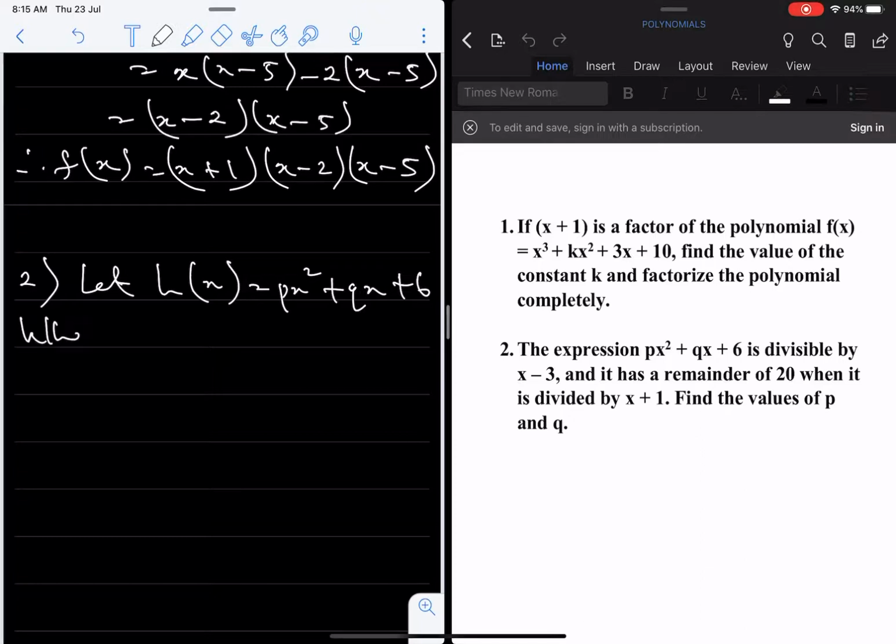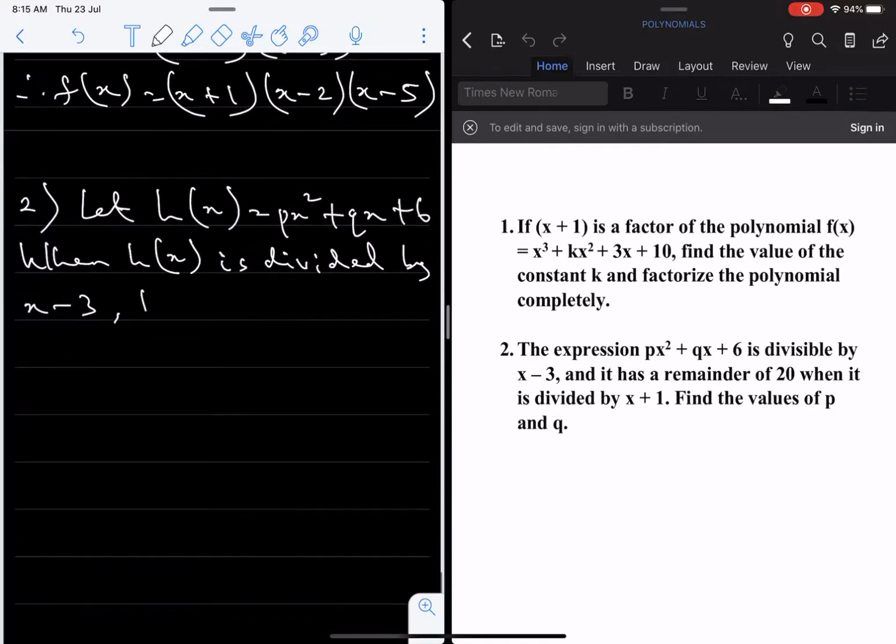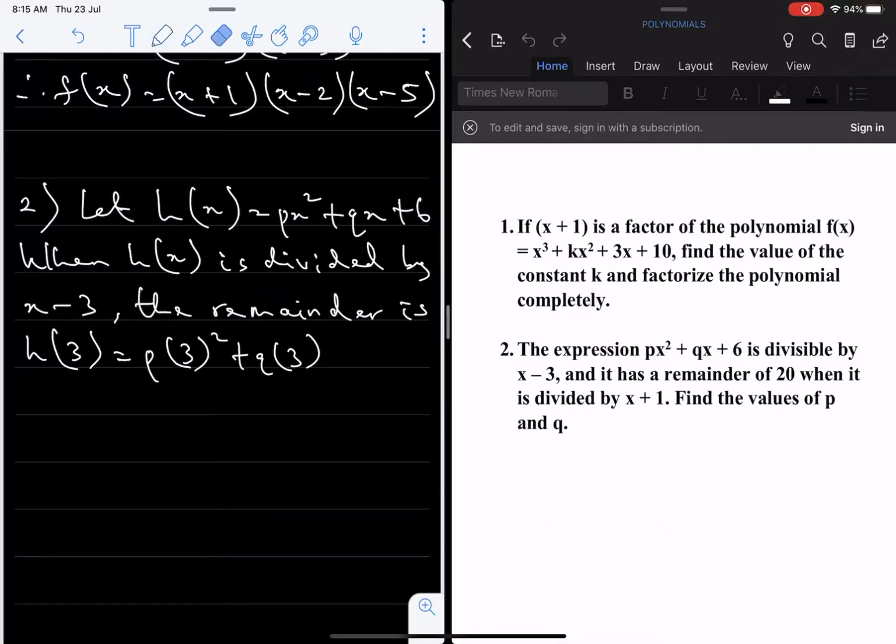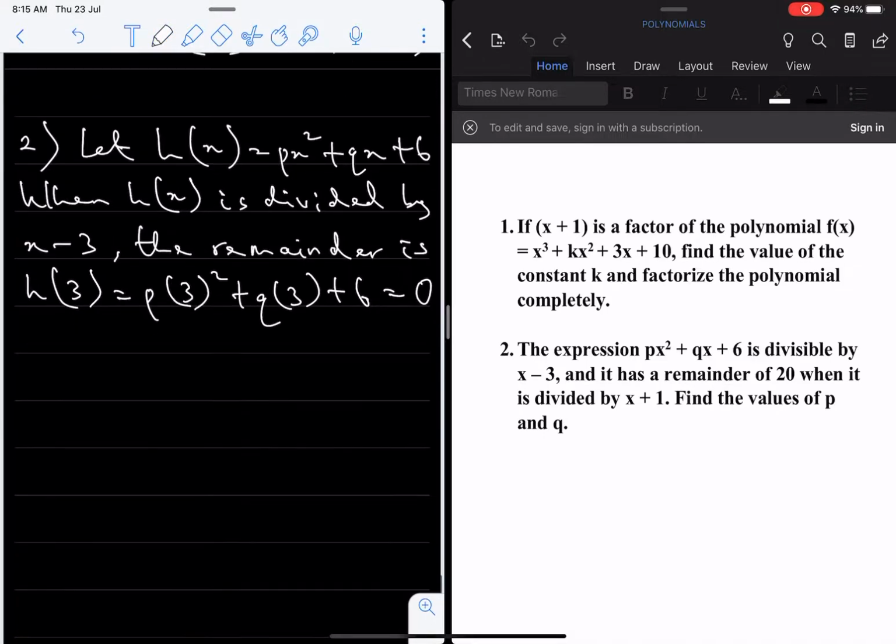Now, when h of x is divided by x minus 3, which is a factor of it, the remainder is h of 3. That's by the remainder theorem, and that's given by p times 3 squared plus q times 3 plus 6, which is equal to 0, because x minus 3 is a factor of h of x.